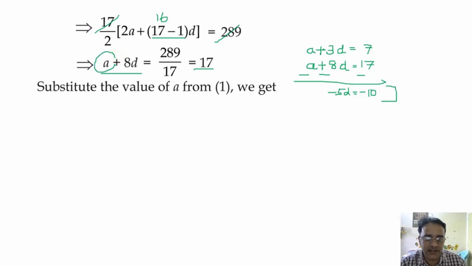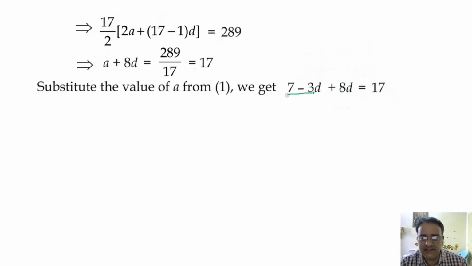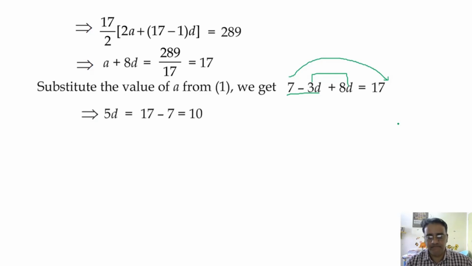So we are substituting here. Both are easy. 7 minus 3d. Now minus 3d plus 8d will become 5d, and if you shift 7 to this side, it will become 17 minus 7, that is 10. So d is equal to 2 we got.